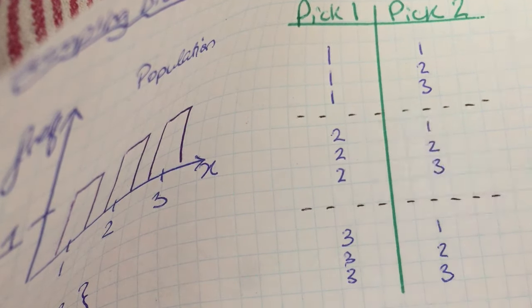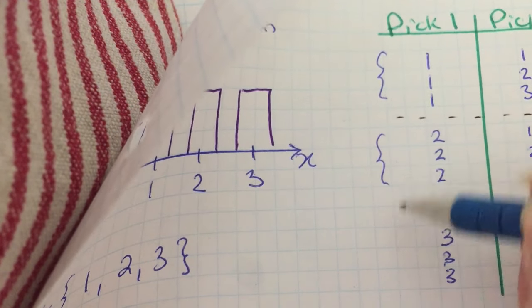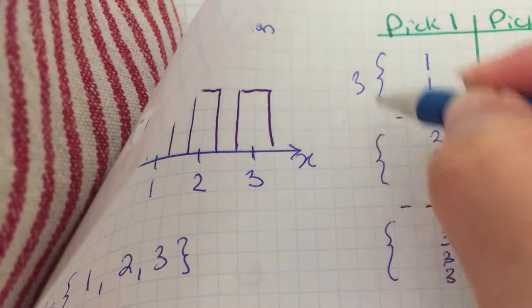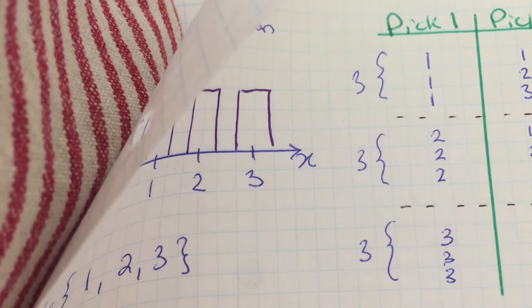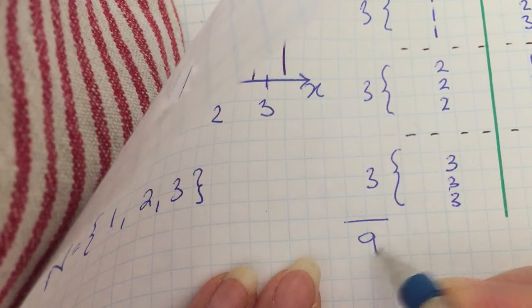And what we have now is 3 here, 3 here, 3 possibilities here, which obviously equals 9.